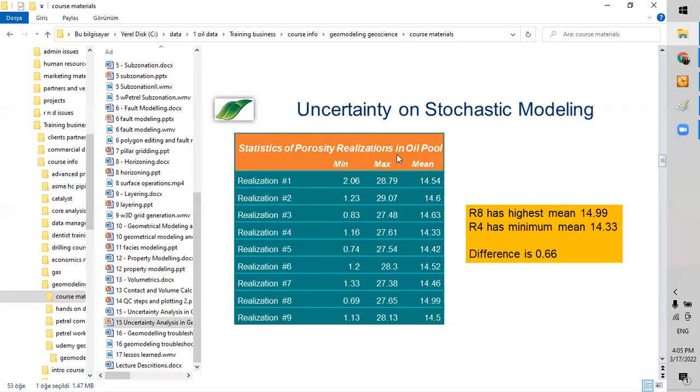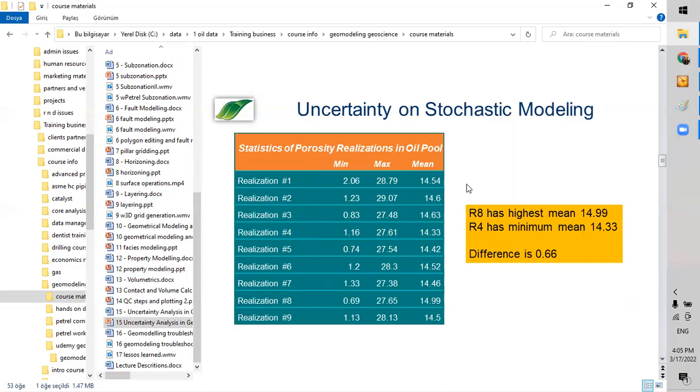Simple. So if you remember, last time we calculated 6 realizations. Realization number 1, 2, 3, and then which parameter did we use to calculate different realizations, Tiffany?